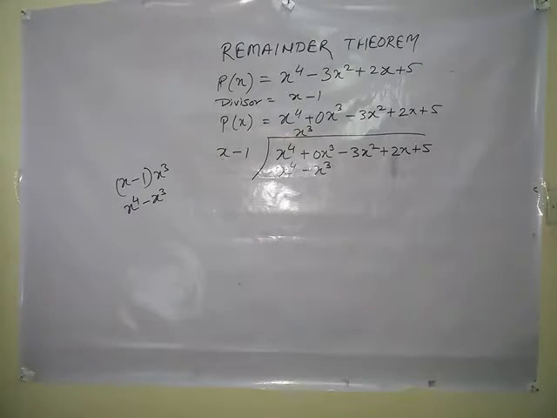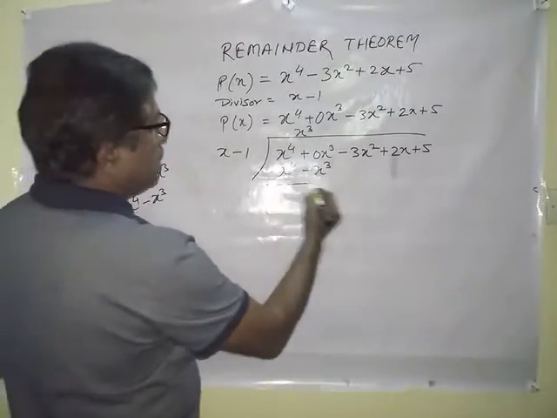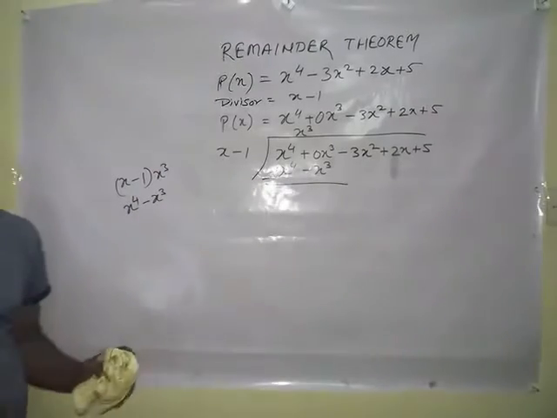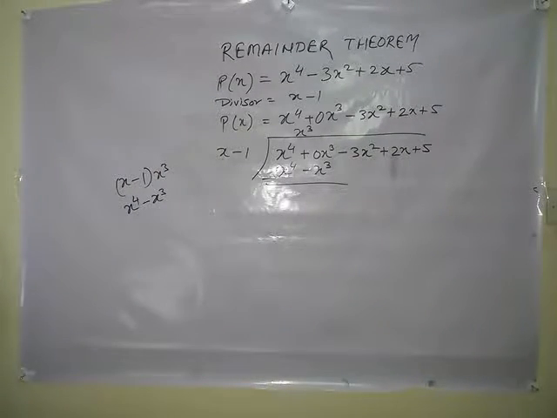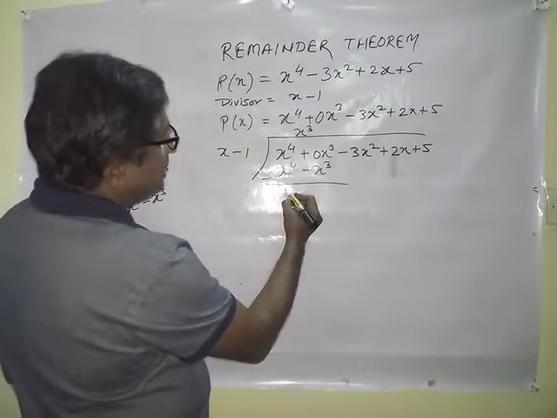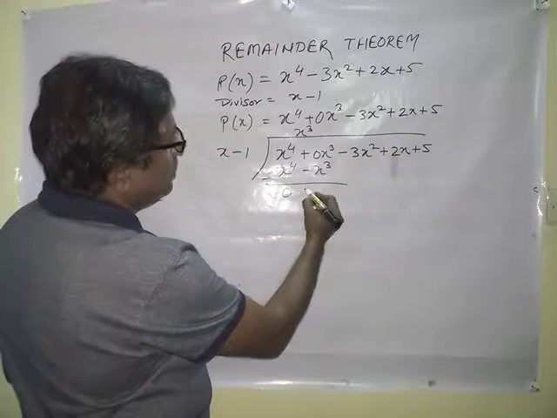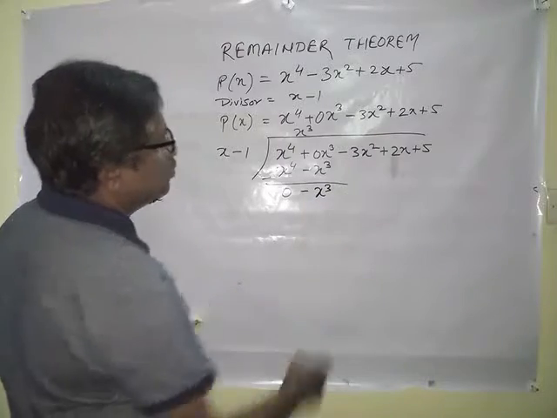Now after subtracting this, you will see this x4 will get cancelled, it will become 0, and this plus x cube will become minus x cube.